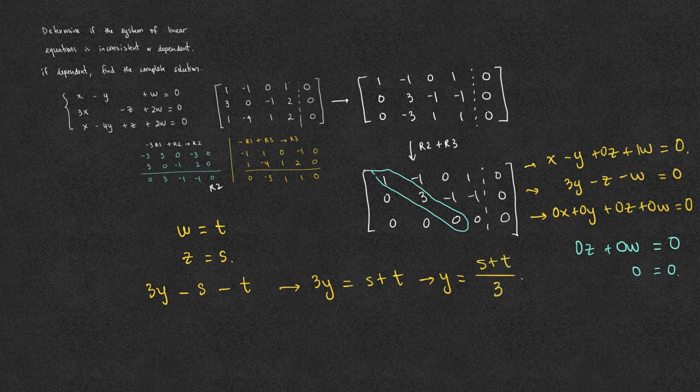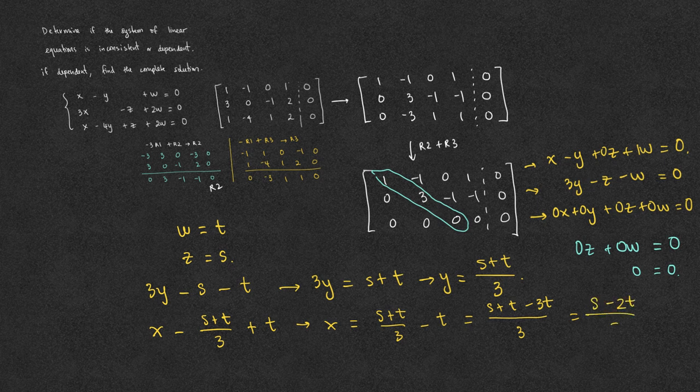From the first equation, we have x minus y, but y is now s plus t over 3, plus 0z plus w, but w is now t. We have x equals s plus t over 3 minus t. The common denominator is 3, so this is s plus t minus 3t, or simply s minus 2t over 3.